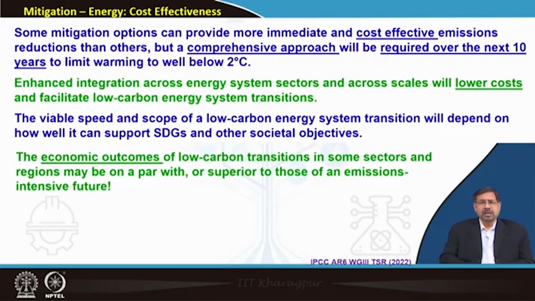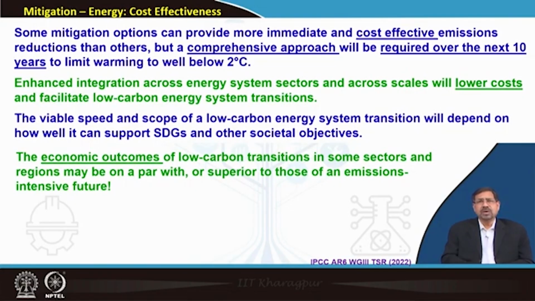in the weeks 9 to 12, where we will know how the finance sector, the political sector, the diplomacy sector, the governance sector and all other sectors are acting together to make it happen. Enhanced integration across energy system sectors and across scales will lower costs and facilitate low carbon energy system transition.